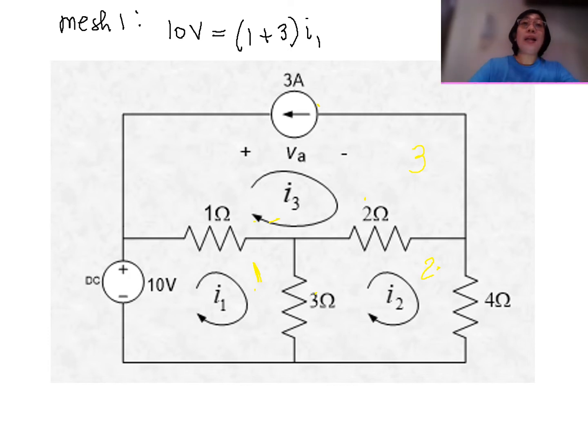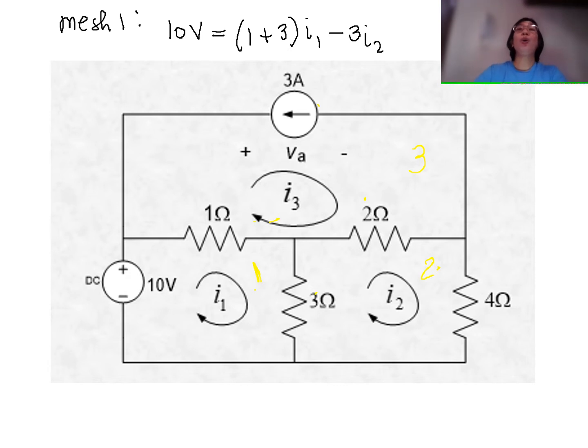Like here, for example, the 3 ohms is a mutual resistance between I1 and I2. Therefore, we will treat your 3 ohms here as negative.